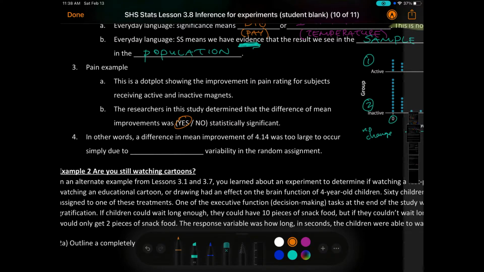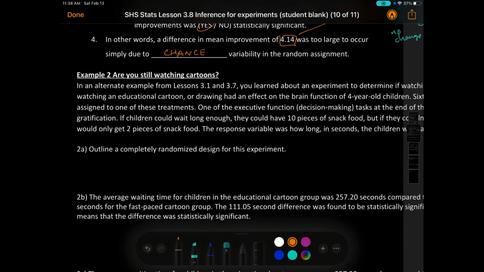In other words, a difference in mean improvement in this picture, 14.4, was too large to occur simply due to chance variability. Different people can tolerate different types of pain. But those magnets we're trying to show are important, so use magnets.